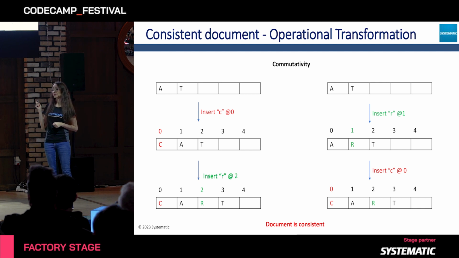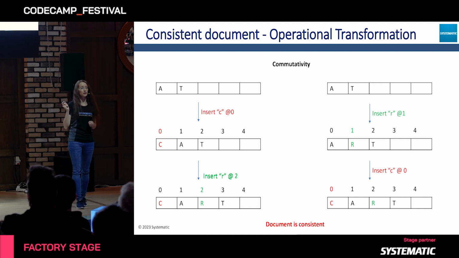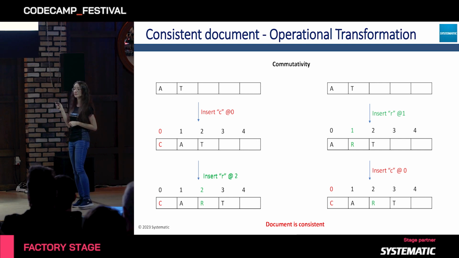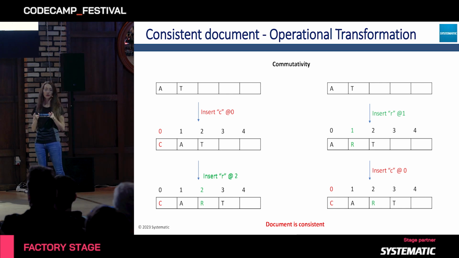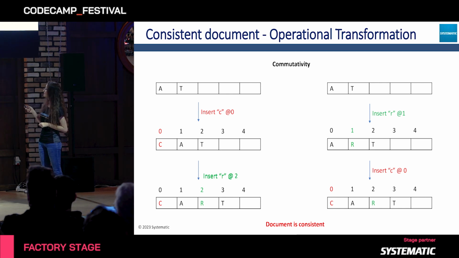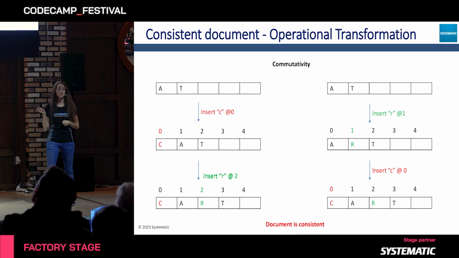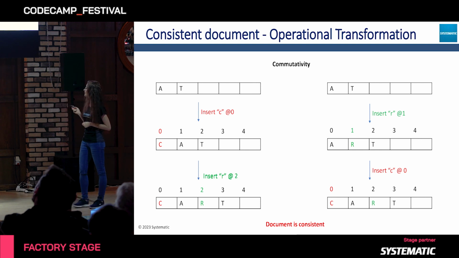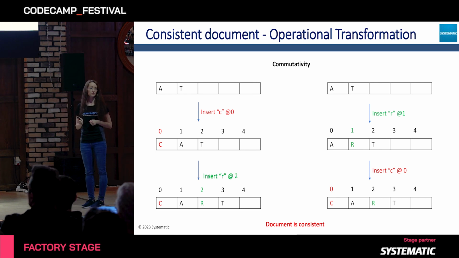Initially, the operation says to insert R at position 1, but we need to take into consideration the indexes of that R and the indexes of the characters between which we are going to make that insert. With the operational transformation algorithms, we decided that we have to insert that R at position 2 actually. And now we get cart. The same applies for the other user when he receives the notification to insert C at position 0. So at this moment, as we can see, we have cart present for both users, and the document is consistent.